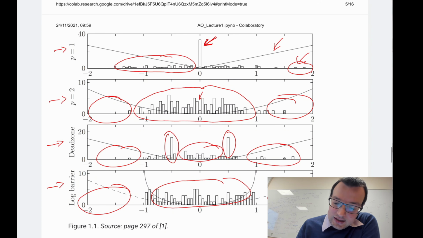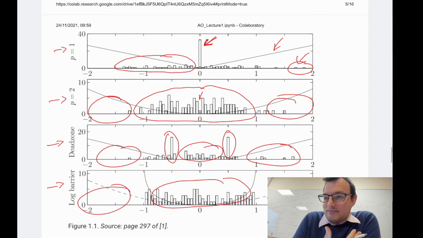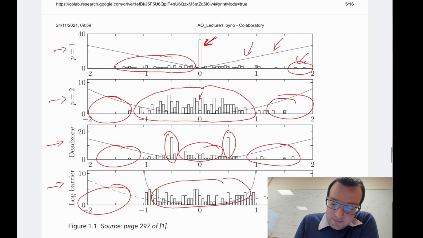And you see that the important property of the L1 norm is that it doesn't matter where you are, you always have the same slope. So there is always the same push to go towards 0. And this means that all the residuals are pushed towards 0. If you go to 0.1, you still have an incentive to go to 0.01 and so on towards 0.